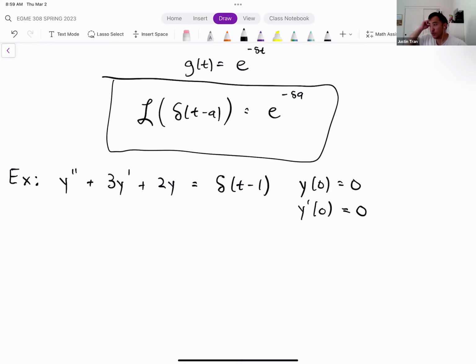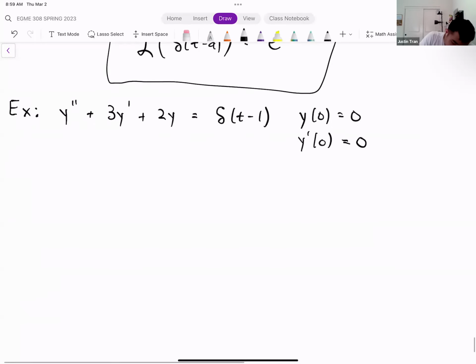All right, so just like we usually do with Laplace, let's go ahead and take the Laplace transform of this entire equation.